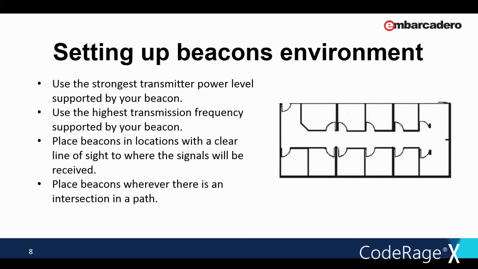Use powered beacons where possible, so that you can transmit at high power and high frequency without worrying about battery life. Place beacons in a location with a clear line of sight to where the signal will be received. If in a crowded location, placement overhead works better than at ground level.